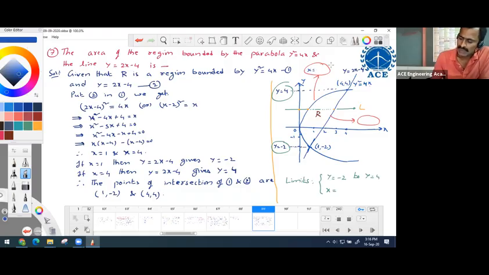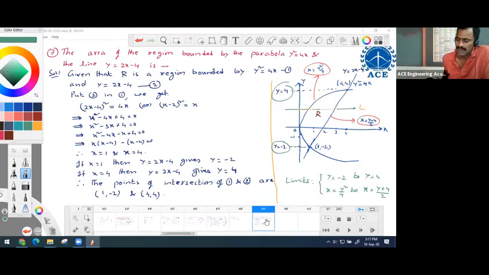From the leaving curve, y equal to 2x minus 4, we get x equal to y plus 4 by 2. So x will vary from y square by 4 to y plus 4 by 2. These are the limits. Now using these limits, we write the area of the region.